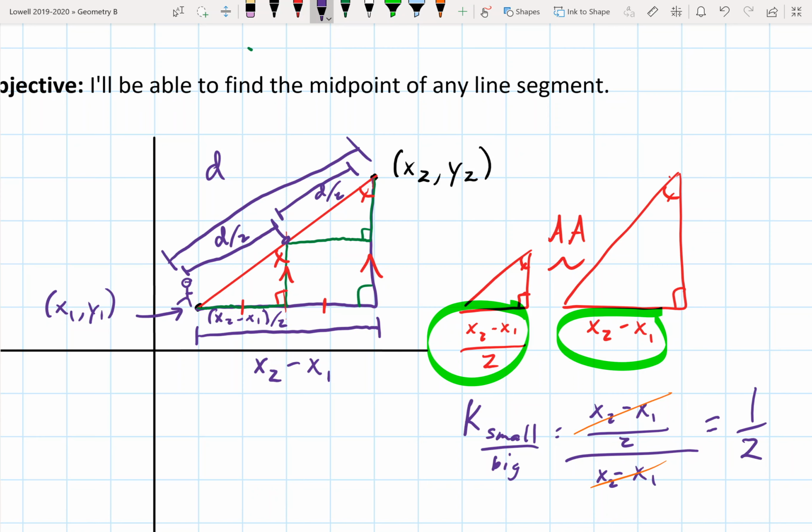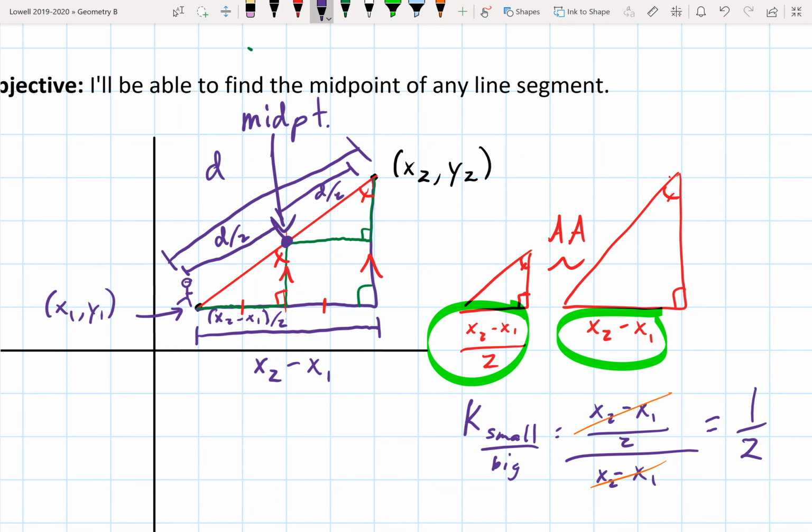Well, since this purple point splits that red length into equal parts, that itself must be the midpoint. So where is the midpoint, what are its actual coordinates?